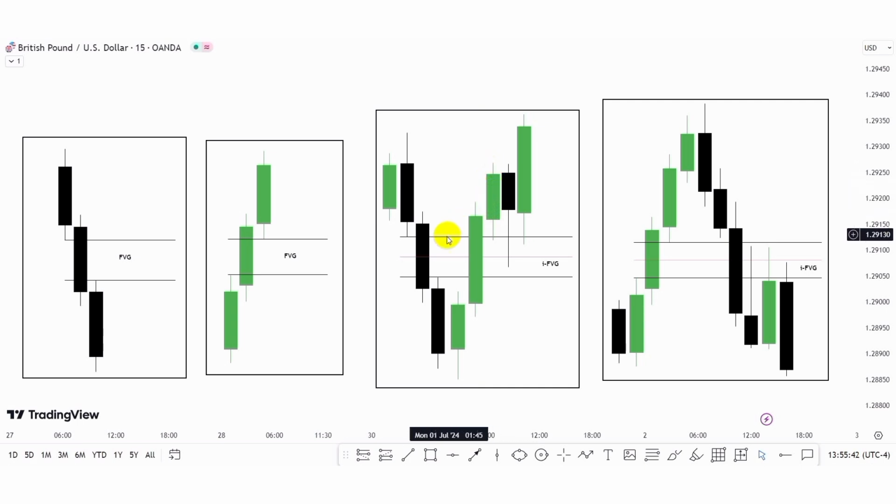So now, since this particular fair value gap has been breached, our expectation is now we want to see the return of price to this fair value gap to reclaim price before further push of price to the upside. So this is now where we establish the inversion fair value gap, because what you can see here, we actually have a bearish fair value gap.